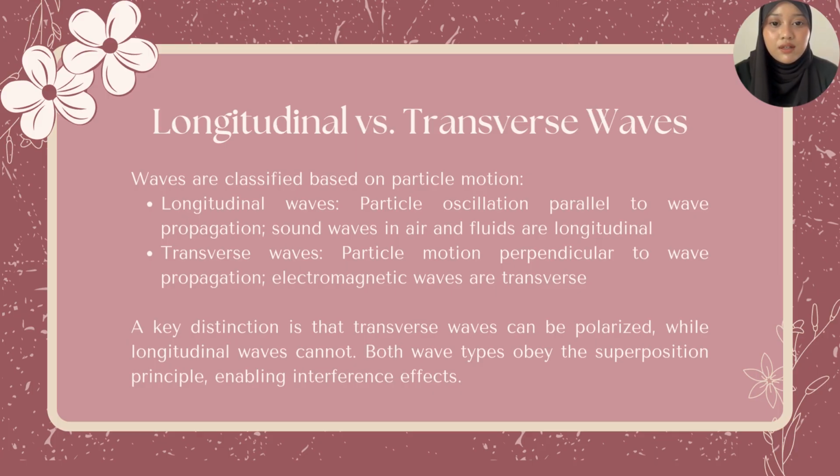In contrast, electromagnetic waves are transverse waves where the electric and magnetic fields oscillate perpendicular to the direction of propagation. Transverse waves can be polarized, while longitudinal waves cannot be polarized. However, both wave types obey the principle of superposition.